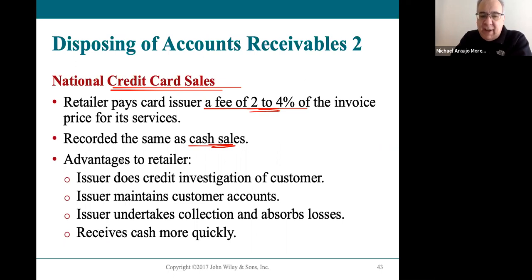There's a lot of advantages as to why retailers use credit cards. Because if they didn't use credit cards and they were setting up their own accounts receivable, they would have to do a full credit investigation of every customer to make sure you're good enough to keep your word. They'd have to maintain all those accounts, and if they needed to go to collection, they'd have to go to collection, and so on.